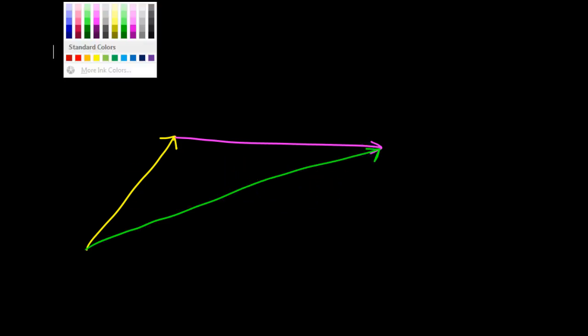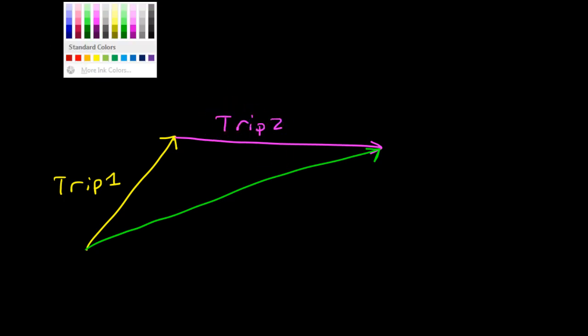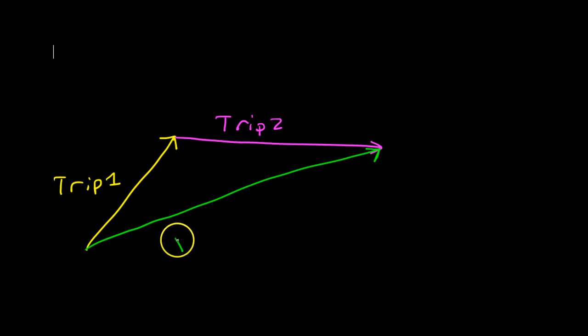So it's sort of like we have trip 1, which is a vector, a certain length and direction, and then we have this other vector which we could call trip 2. And then of course the resultant vector is what we will be looking for.